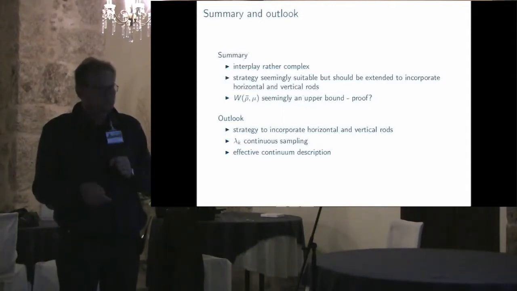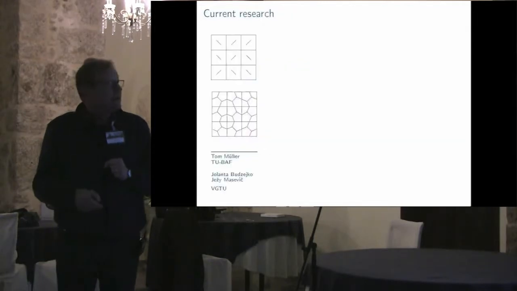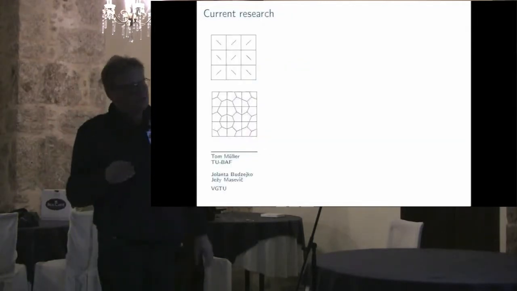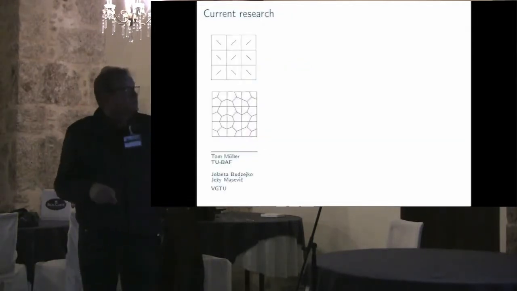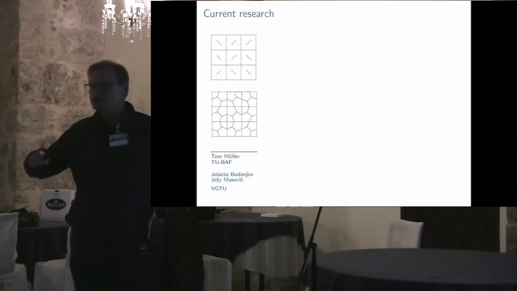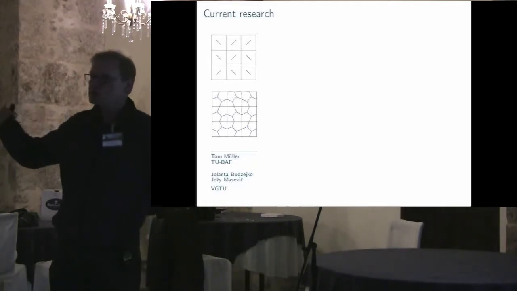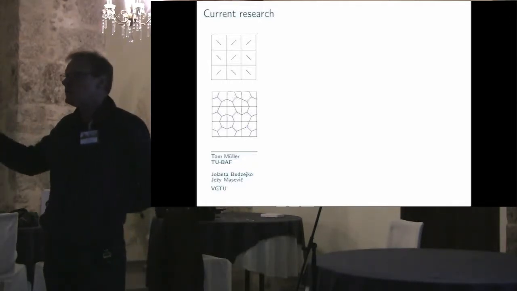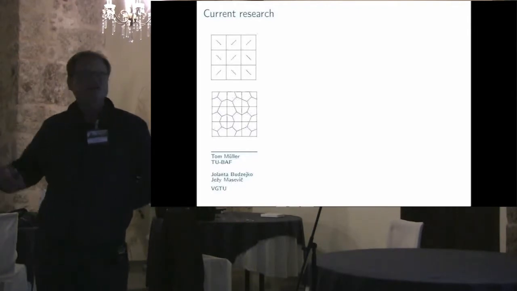Eventually, we are looking for a continuum description. In parallel, what we do right now is we would like to do the step from this kind of structures to structures which are closer to our original problem, which means random open cell foams.